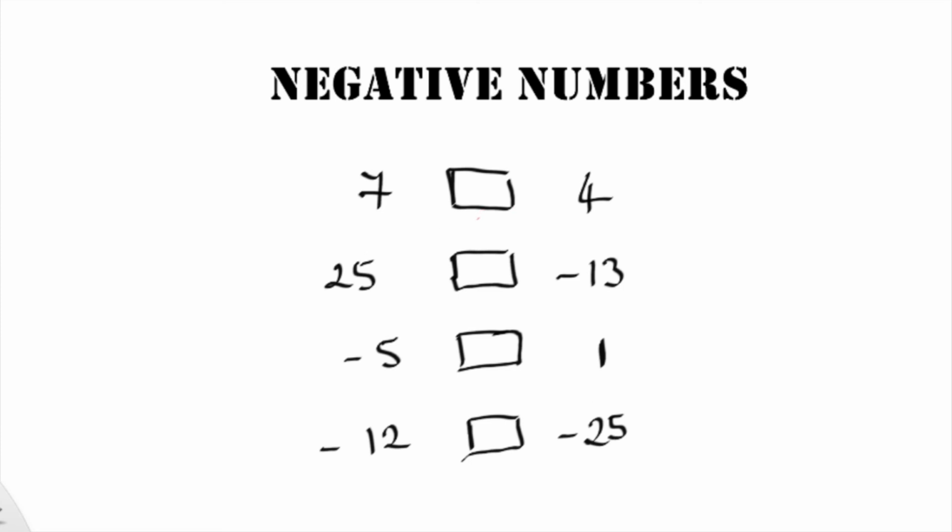Now, if you think you know how to do it based on the previous explanation, please just stop the video and try to do it by yourself. If not, just keep watching.